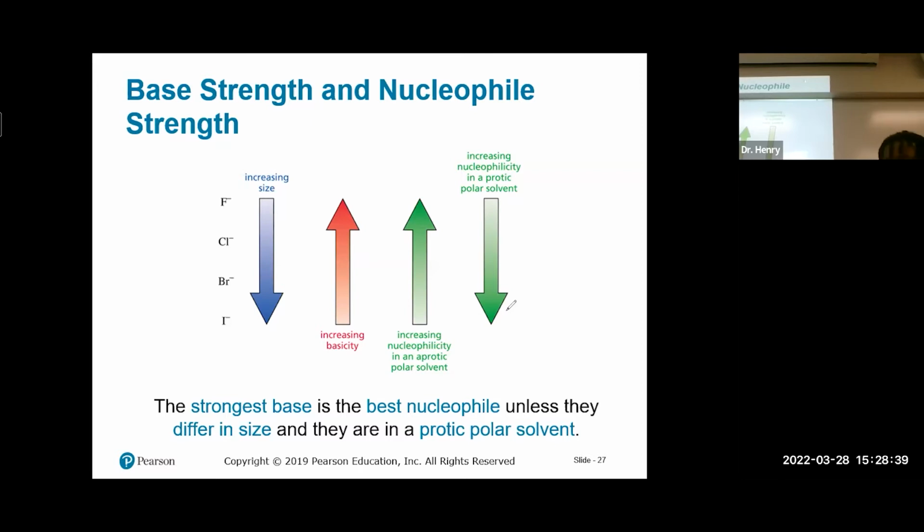Because it's getting bigger, so it's going to be easier to get those electrons moving, right? Whereas in an aprotic polar solution, it's going to be just the opposite, right? So it's going to be not as willing.